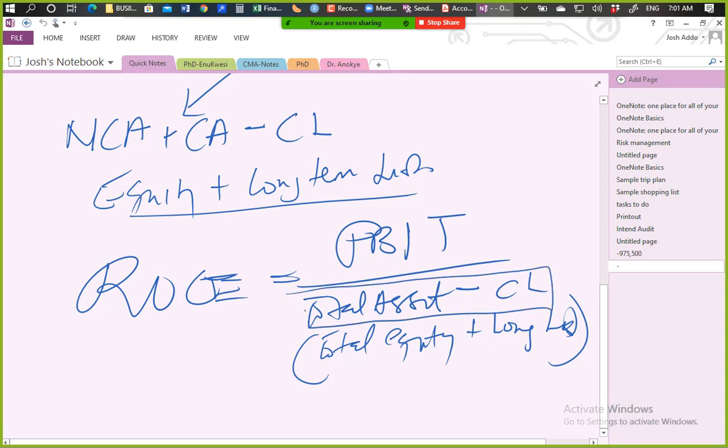Okay. Total assets, and this is the same as non-current assets plus current assets. This gives you the total assets minus current liabilities.